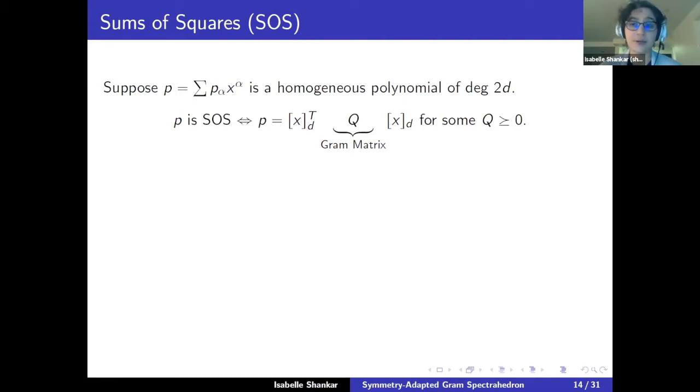And if such a Gram matrix exists, then that certifies that the polynomial is a sum of squares.